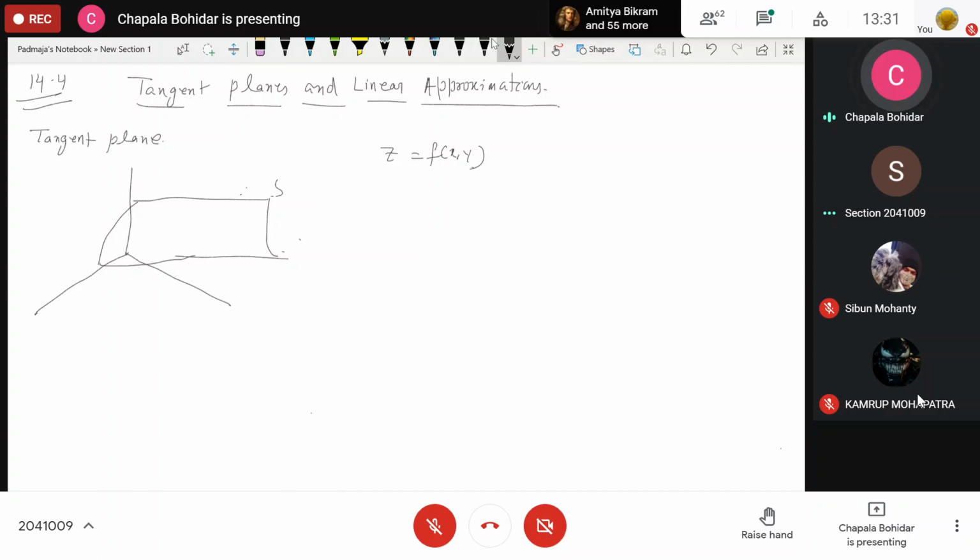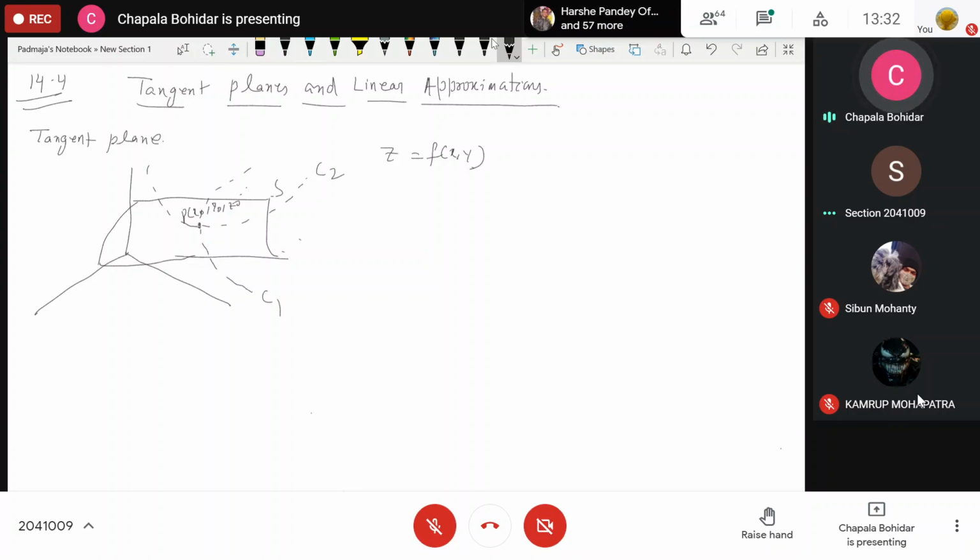Where the function f has first partial derivatives. Let P be a point, x0, y0, z0. The curve C1 passes through this point P. Now we have another curve passing through this point, say C2.